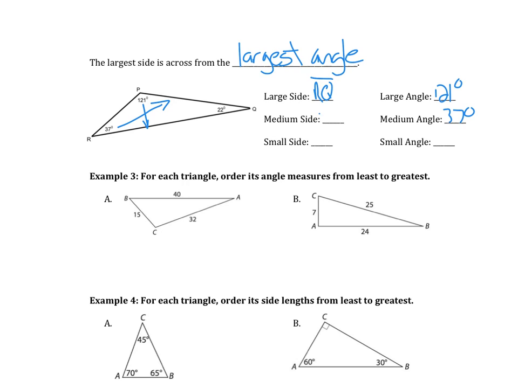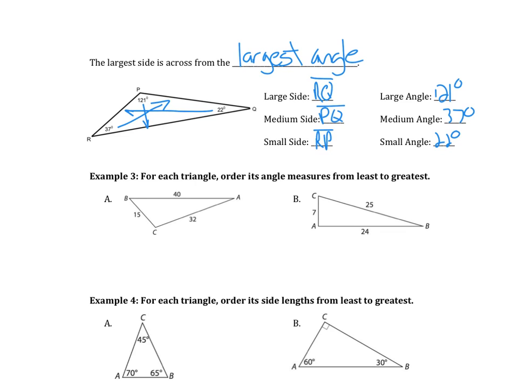Then my opposite side is PQ. Then my smallest angle is 22. And the opposite side from that is PR or RP. Don't really care what order you write those in, so we could have written RQ or QR, PQ or QP, RP or PR.